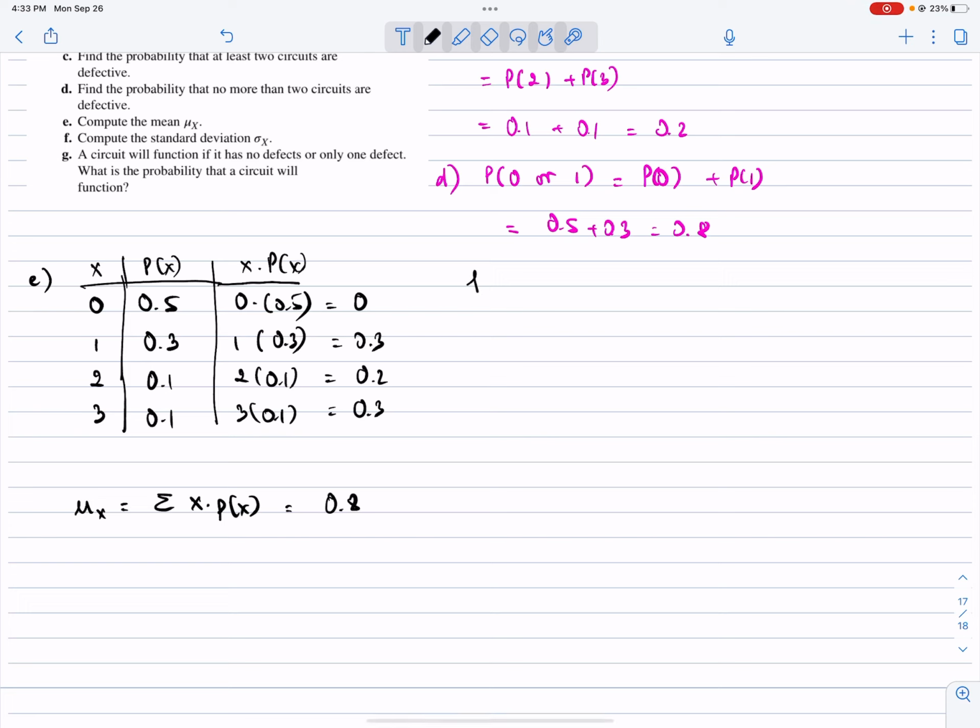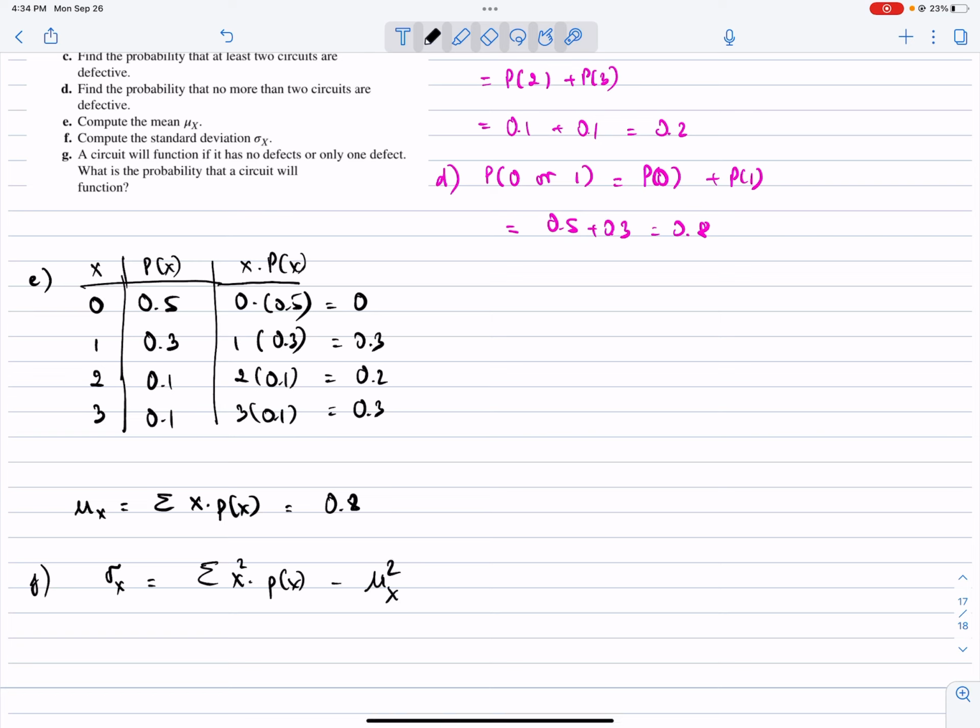In part F, we want to find the standard deviation. The formula to find the standard deviation is sigma of X is equal to the square root of the sum of X squared times P of X minus mu squared.